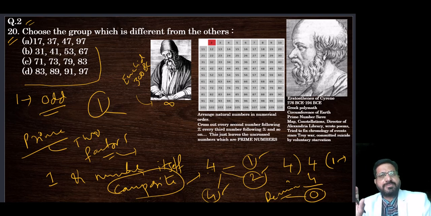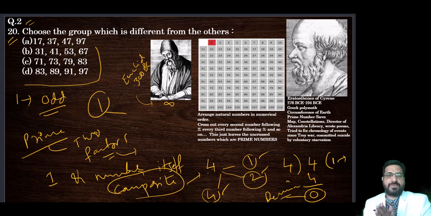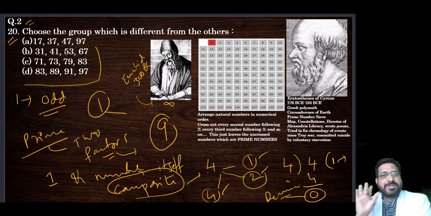And all primes are odd numbers. This is one characteristic. Please remember this. But the converse is not true. Not all odd numbers are primes. Because 9 is an odd number, but it is not a prime number. Why?